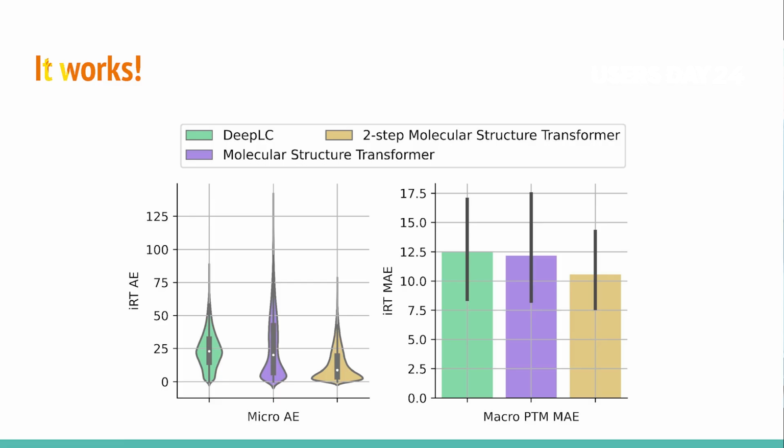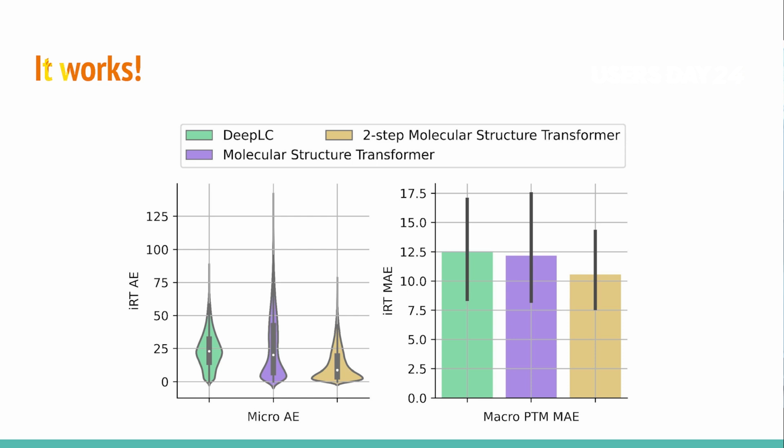If we then look at the results, on the left, the errors over all test samples, and here, to make it a bit more difficult, we test on peptides that have some type of modification that was never seen before during training. So this means that the input will have molecules that were not seen during training.